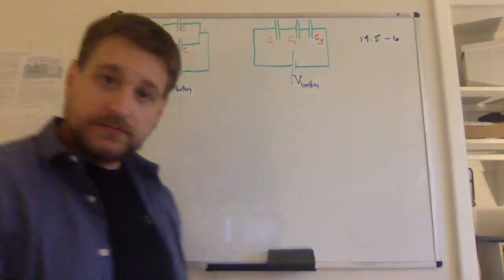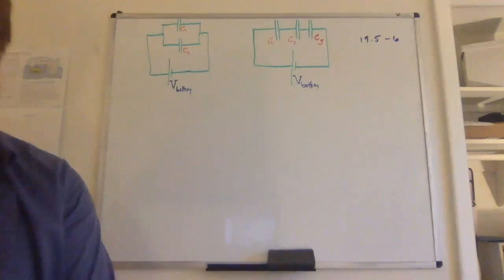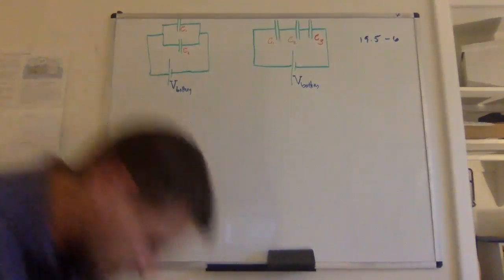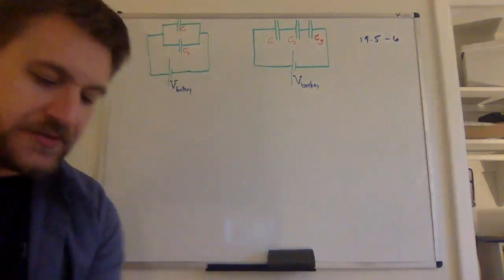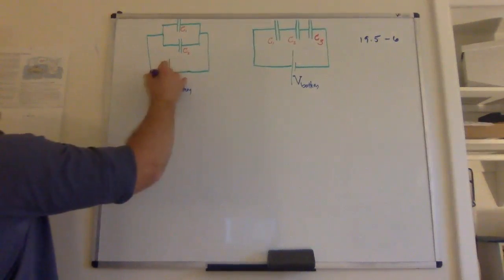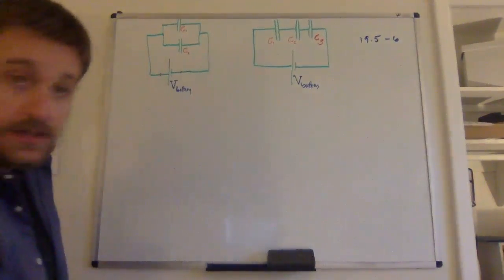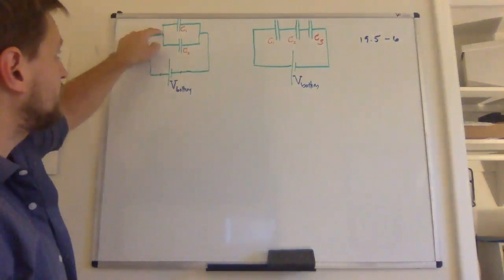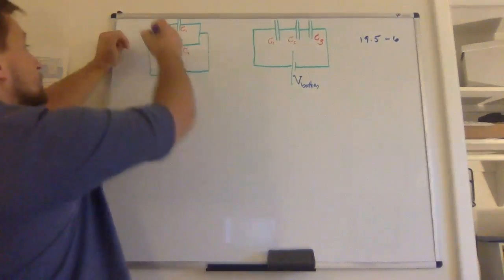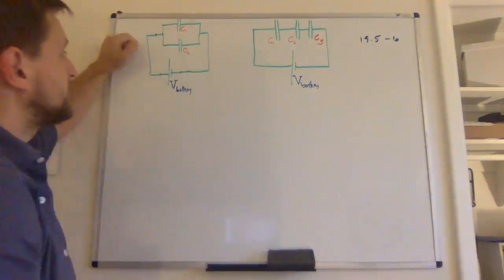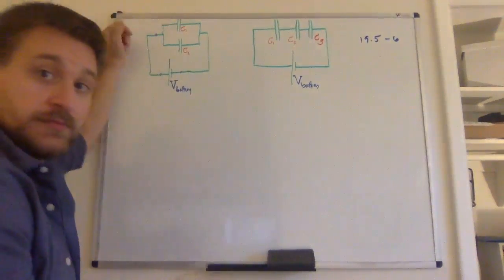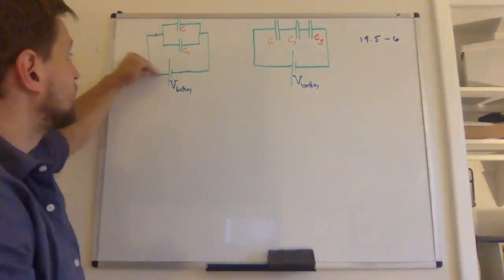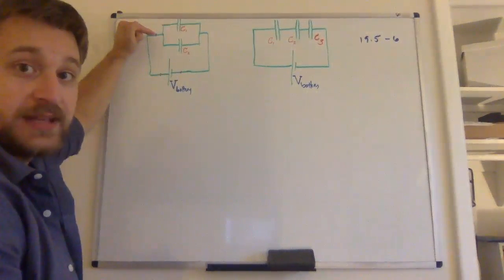The battery is doing a good job of setting up an electric potential difference between this point and this point. But these are wires. This point is electrically the same as this point because the wire has, we assume, no resistance. There's no electrical potential difference between that point and that point.